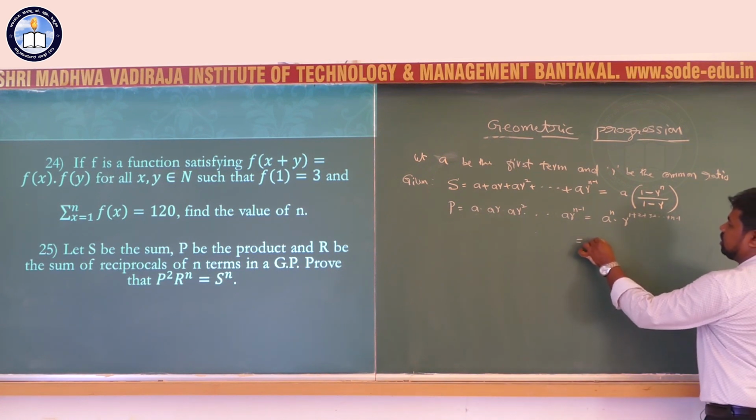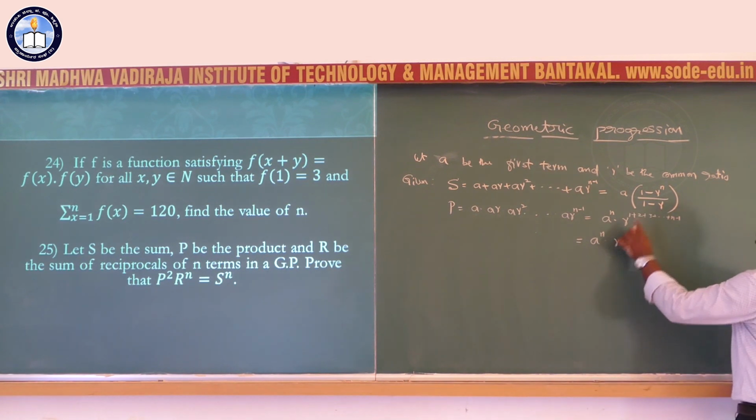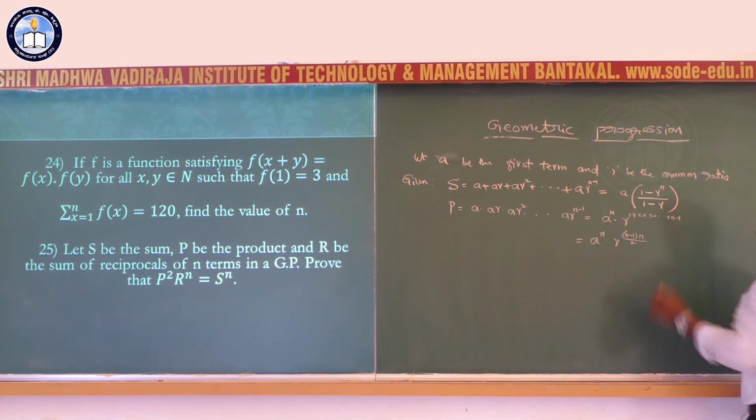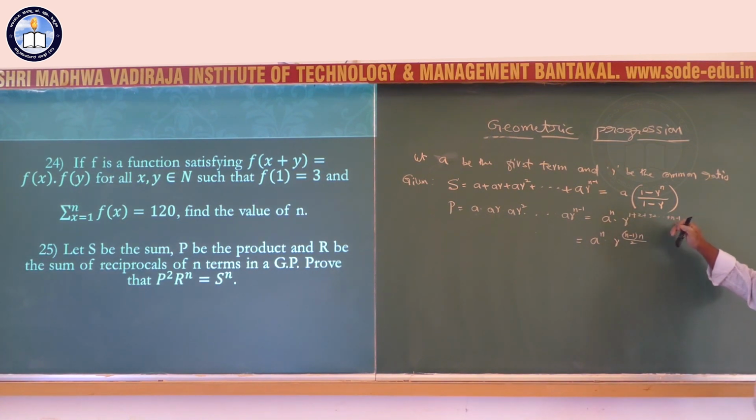That is equal to A power n into R power 1 plus 2 plus 3 up to n minus 1, as n minus 1 into n by 2. Sum of first n natural numbers, 1 plus 2 plus 3 up to n, equal to n into n plus 1 by 2. Here it is the sum of first n minus 1 natural numbers, that is n minus 1 into n by 2.